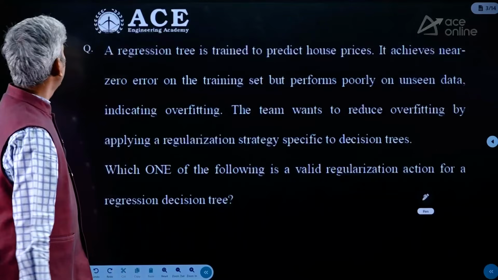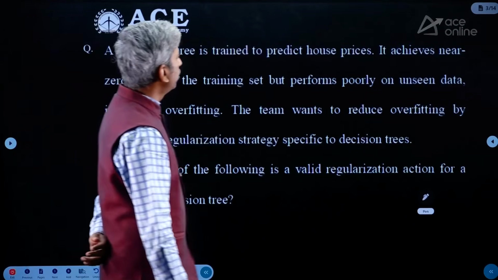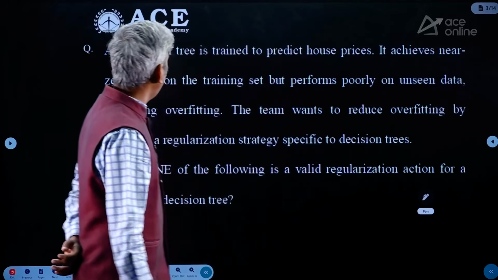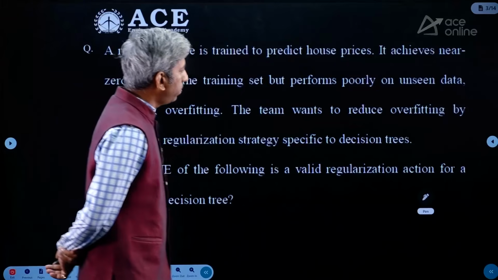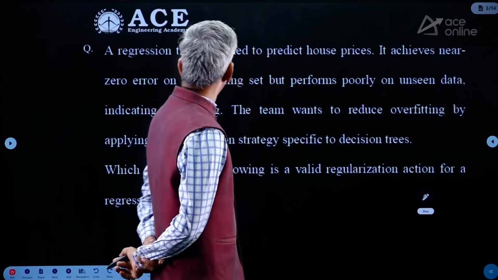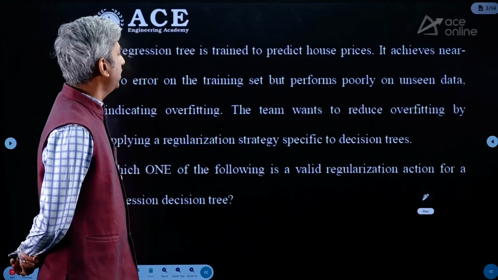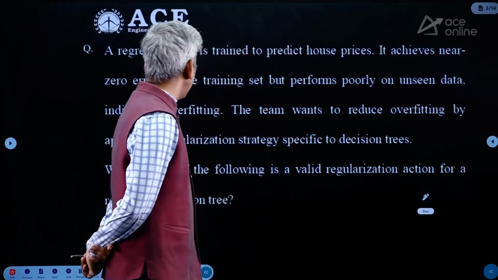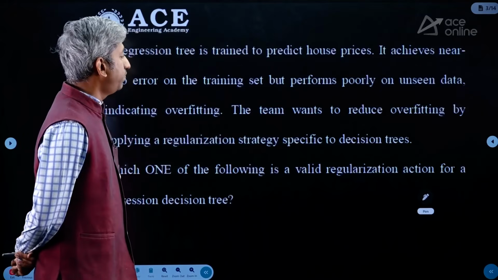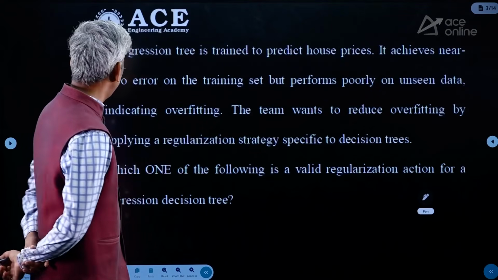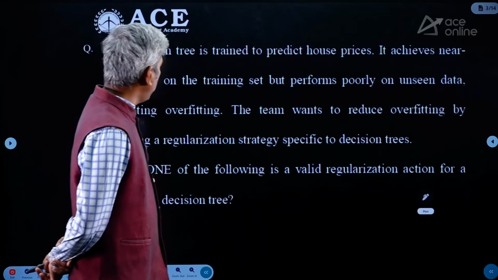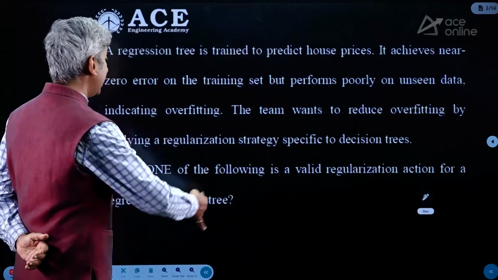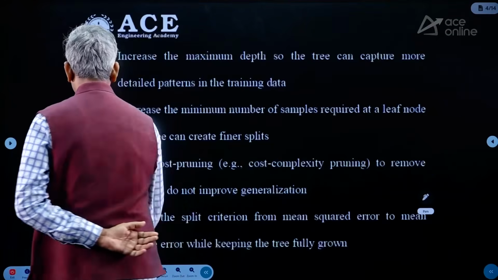Next question. A regression tree is trained to predict house prices. It achieves near zero error on the training set but performs poorly on unseen data, indicating overfitting. The team wants to reduce overfitting by applying a regularization strategy specific to decision trees. Which one of the following is a valid regularization action for a regression decision tree?